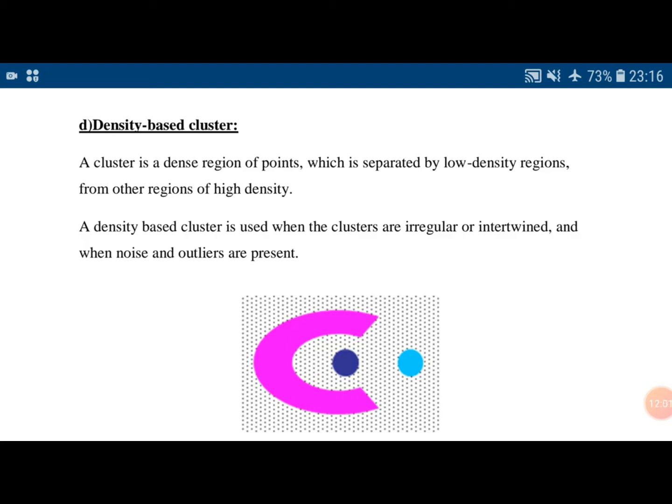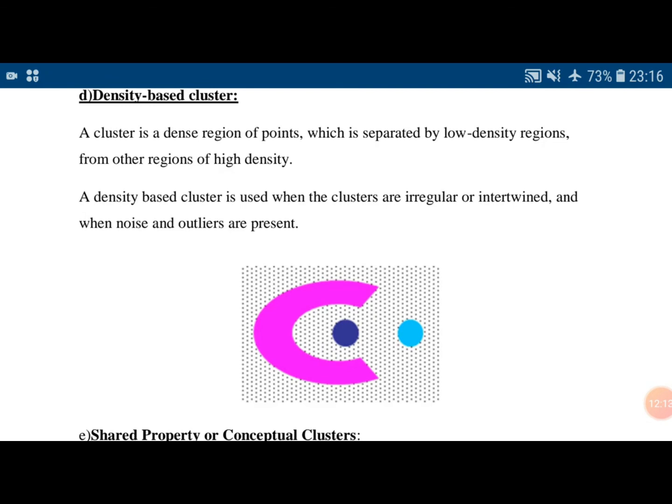So in density based cluster, we will see that the elements in one cluster are within a space, and their count is high compared to another cluster whose element count will be less than the first cluster.